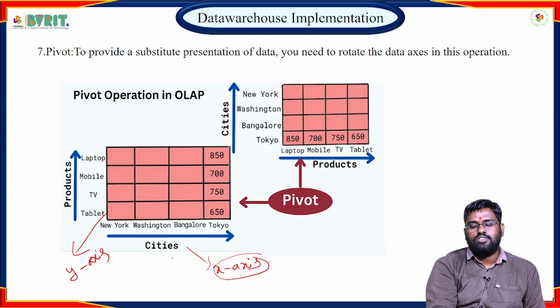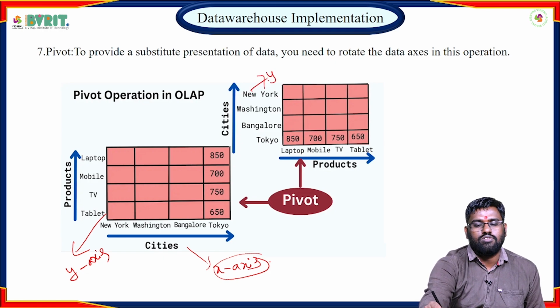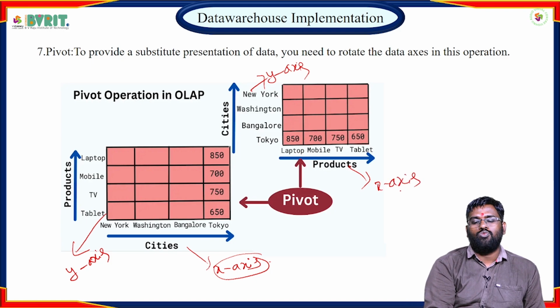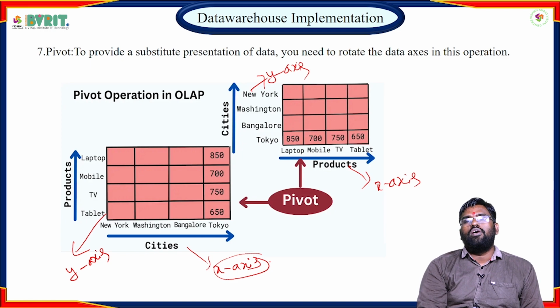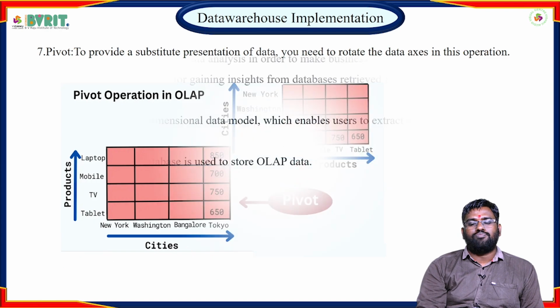See here, the city is on the x-axis, but here the city is on the y-axis. Products are on the x-axis. The x-axis value will be changed into the y-axis, and y will be changed into x-axis. So this is about how to implement the data warehouse with the different types of OLAP operations.